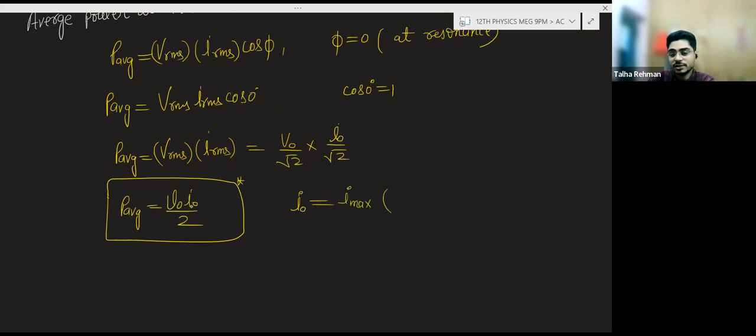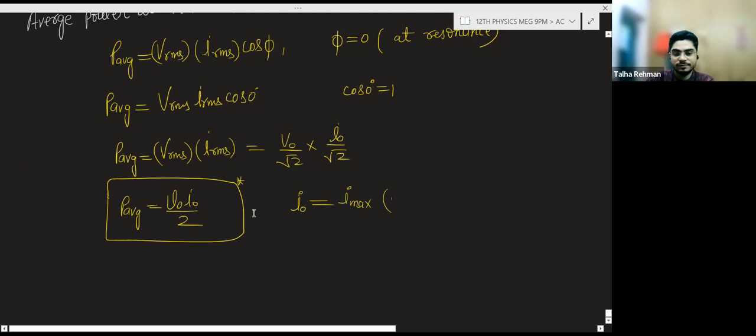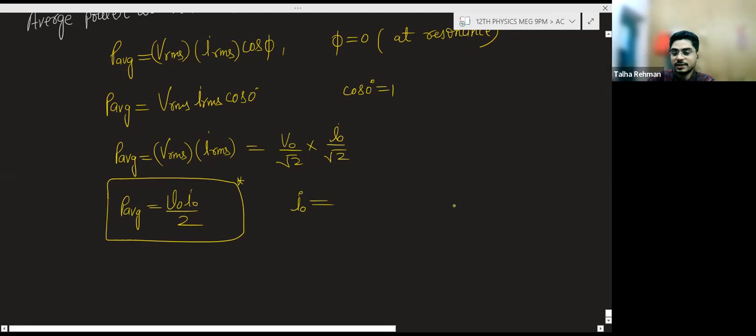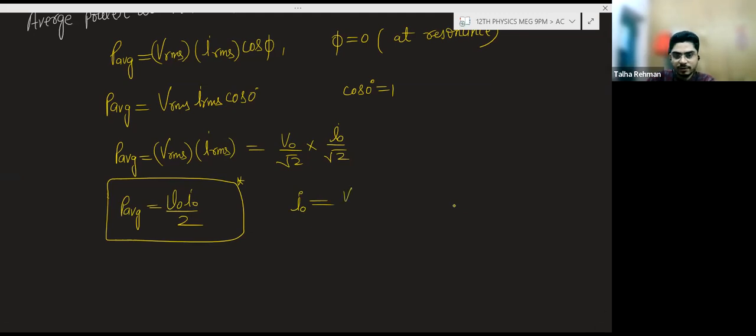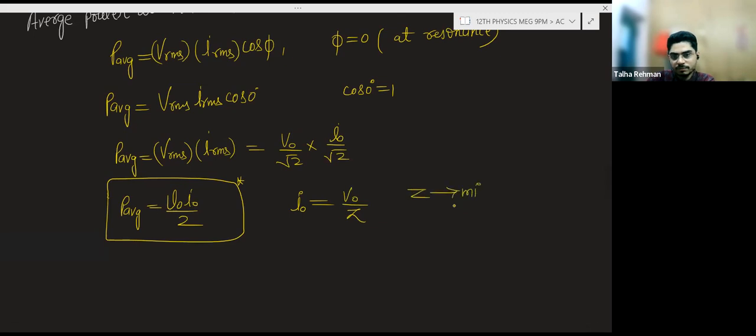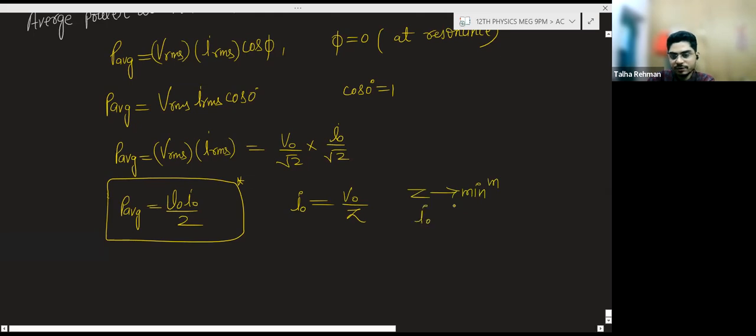Because at resonance, I have to tell you, otherwise I naught in the series LCR circuit is given by V naught by Z. So at resonance what happens, Z becomes minimum, so current at resonance will become maximum. So this I naught will become maximum current.